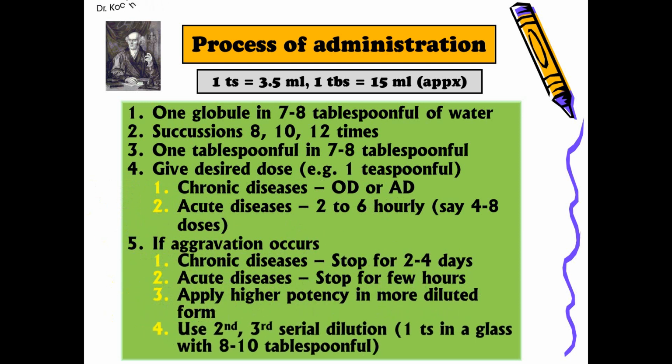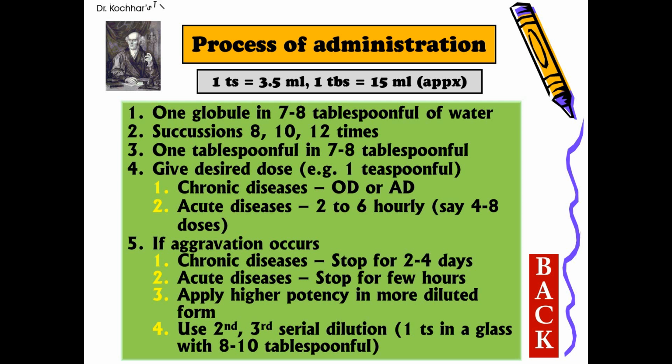Then after that you apply higher potency in more diluted form, and that more dilution can be done like this, that you ask the patient to take 5 ml in about, say, 7 to 8 spoons, about 120 ml, and you give 1 teaspoon or 1 tablespoon.